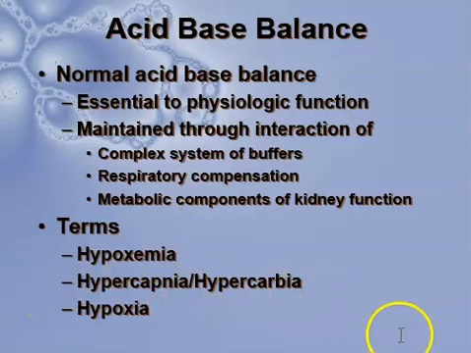When we are talking about acid-base balance and homeostasis of that, we are going to discuss what our pH should be and what our PaCO2 will be and what our HCO3 will be as well.